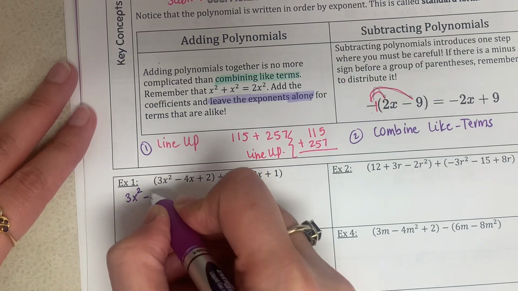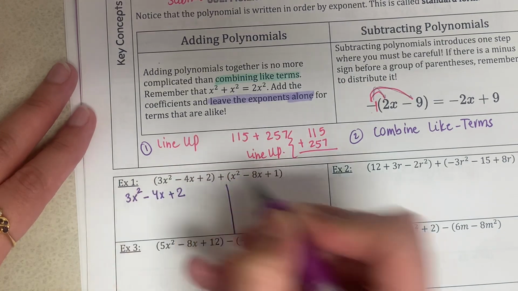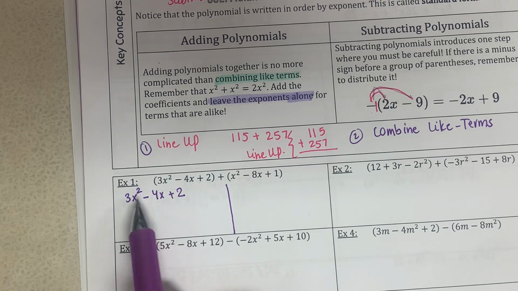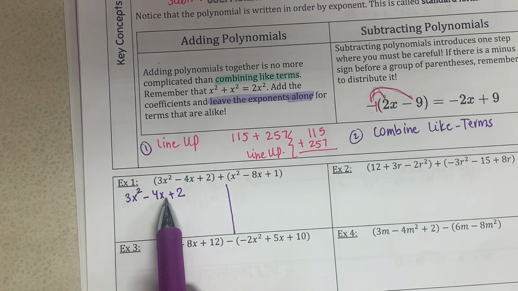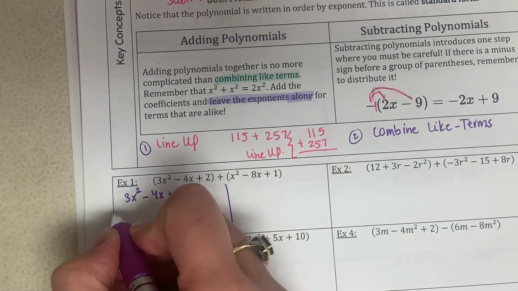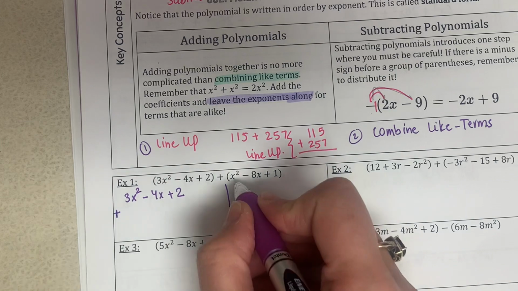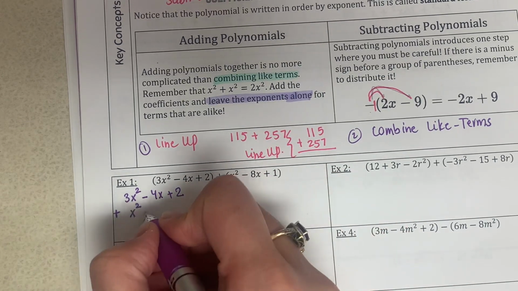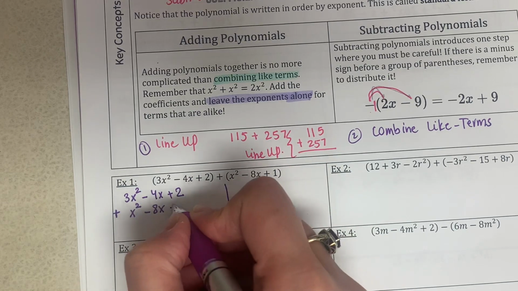3x squared minus 4x plus 2. In algebra, you always write the biggest exponent first, and then you decrease them. So this is how you write. Plus x squared, so x squared should go under x squared, minus 8x plus 1.